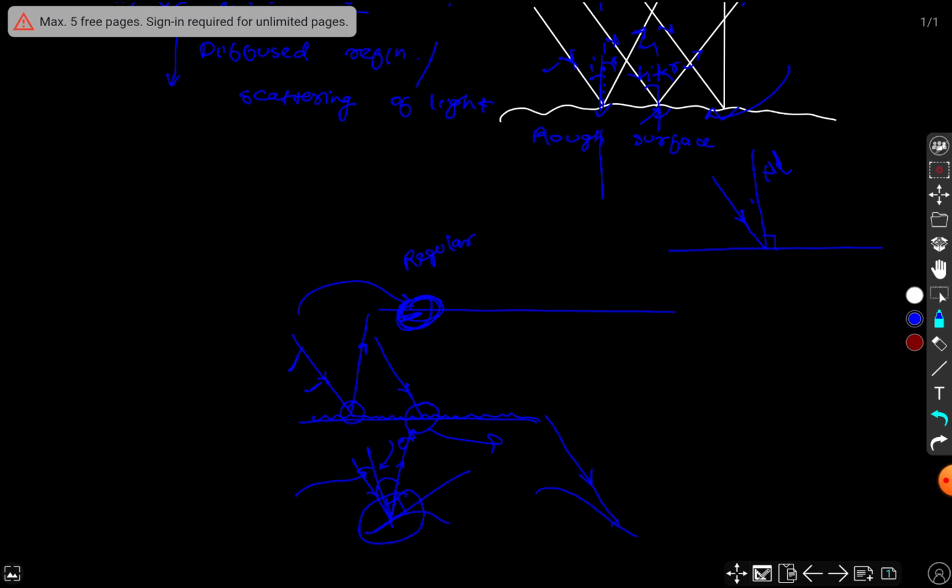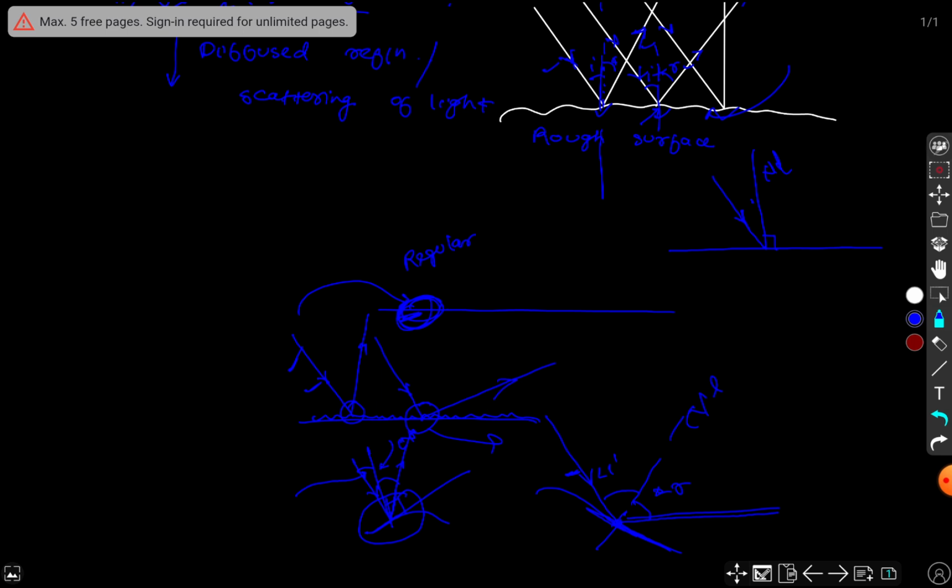Then you will draw a tangent right here, and you will draw a perpendicular line here, and this will be the normal, and you will draw the reflected ray by making an equal angle with the normal as the angle made by the incident ray with the normal, because the laws of reflection are obeyed here. And the ray will go in somewhat this direction.